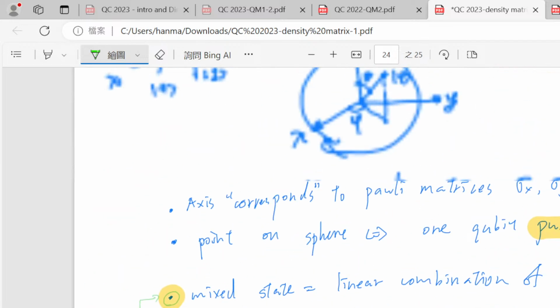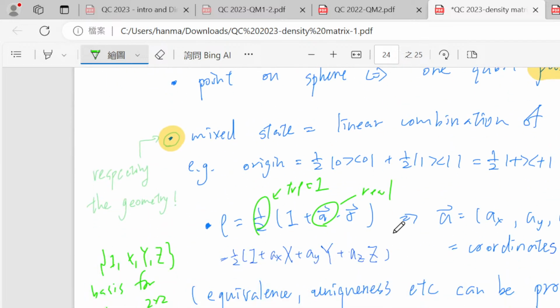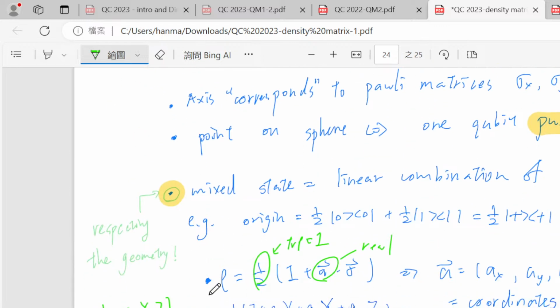This is inside the ball because a squared is less than or equal to 1, and that can be easily proven. I don't remember if it's in this week's homework or next week's, but that comes from the trace of rho squared being less than or equal to 1.